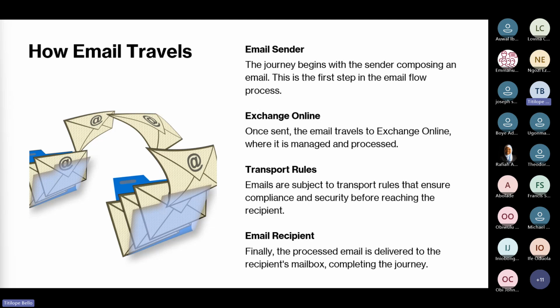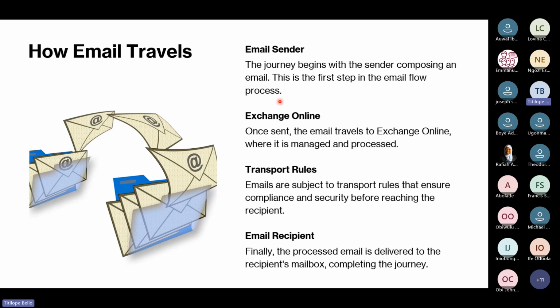So now, when a user sends an email, the email is sent and delivered to the Exchange server. That's Exchange Online. There are servers behind that we do not have access to. They just gave us an interface to manage our mailboxes and manage the settings as it concerns our organization.